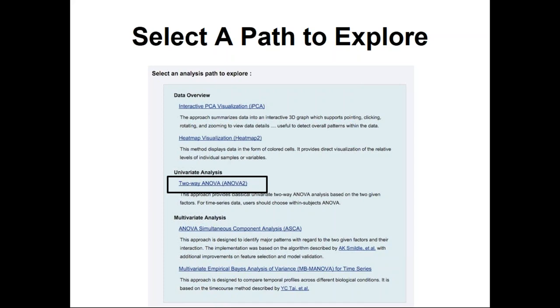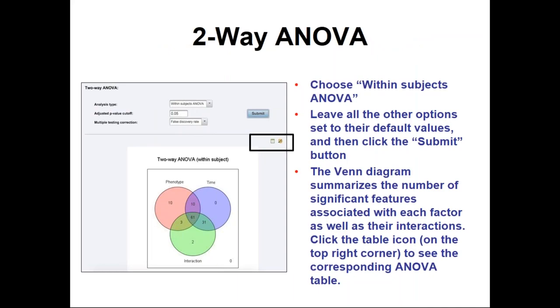I'll just look at the two-way ANOVA quickly, and when you click on it, immediately it generates this interesting Venn diagram, and this is really how to show that it's assessing those components that Carl had talked about, where we're looking at temporal components, we're looking at, if you want, the treatment, or in this case a phenotype, and then the interactions between those.